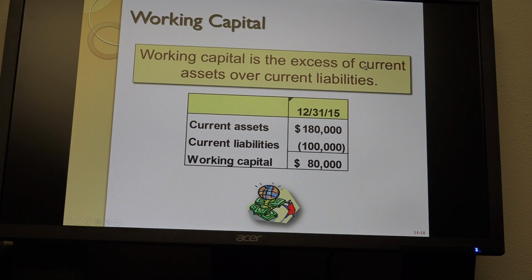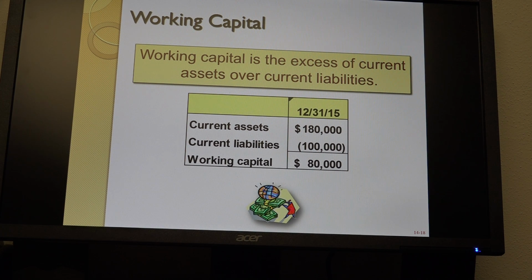All right, so the first thing we want to look at is strictly a raw number. I wouldn't put too much stock in this, but probably the only thing that really matters is that you want this number to be positive and not negative. That is working capital, which is the excess of current assets over current liabilities.